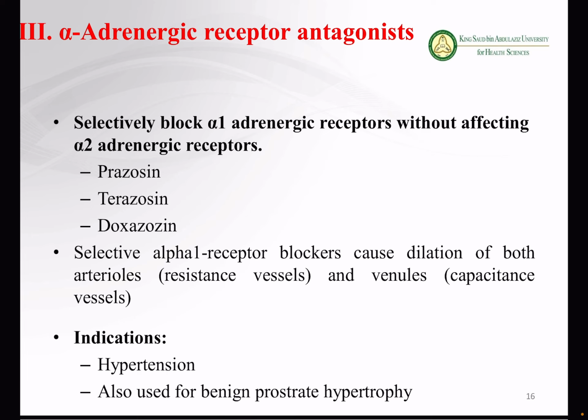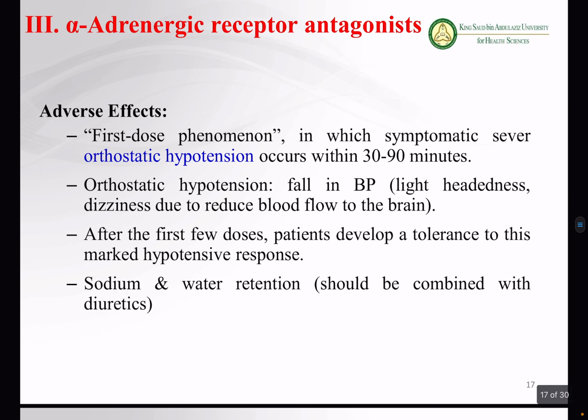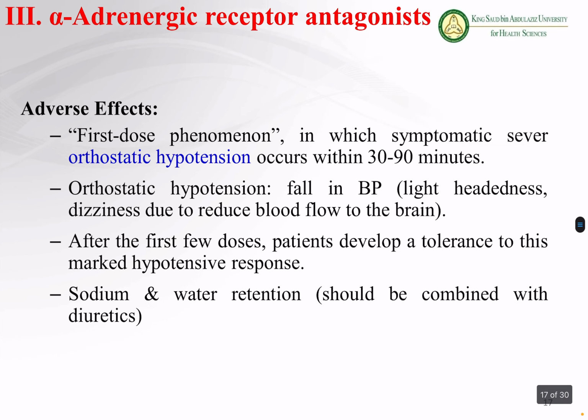One of the adverse effects we discussed with the alpha blocker is orthostatic hypotension, which occurs within 30 to 90 minutes after giving the drug. Orthostatic, I told you, means any change in the blood pressure with respect to position. Okay. So if you are lying down, maybe your blood pressure is okay, but if you just stand up, maybe your blood pressure will be low. Okay. So this is about the alpha blocker.